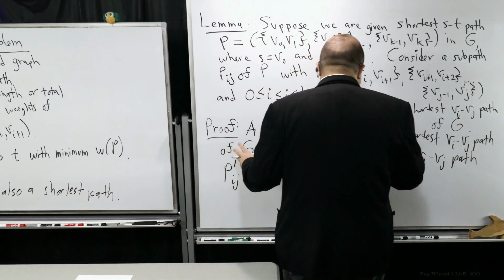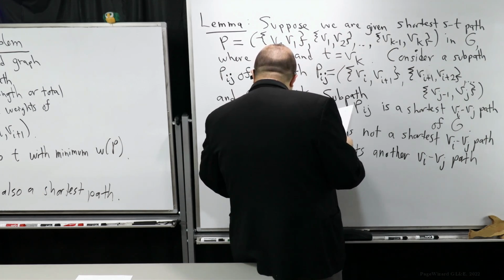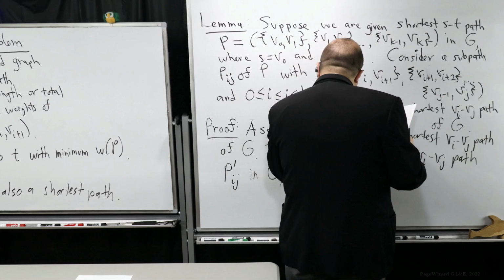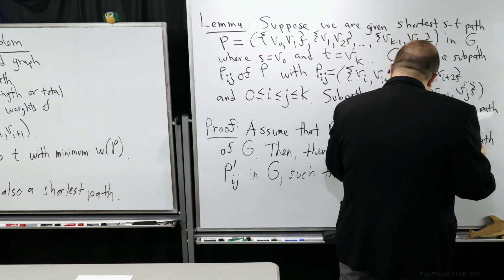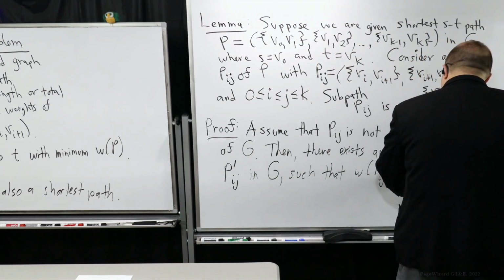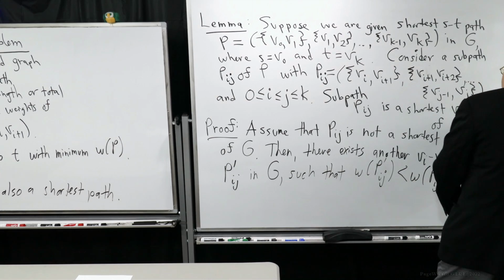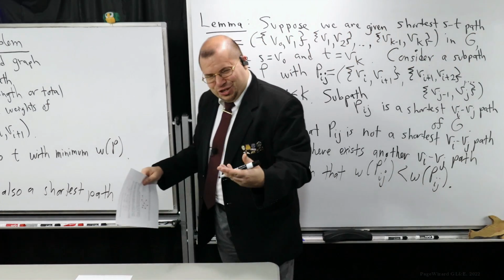This is why I'm going to give this a nice name here: P prime ij in G such that the length of P prime ij is strictly less than the length of Pij. In plain language, this just means that we have a shorter path.